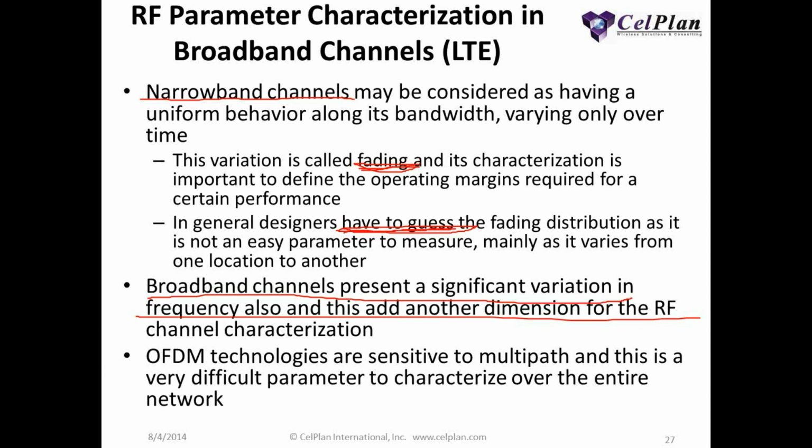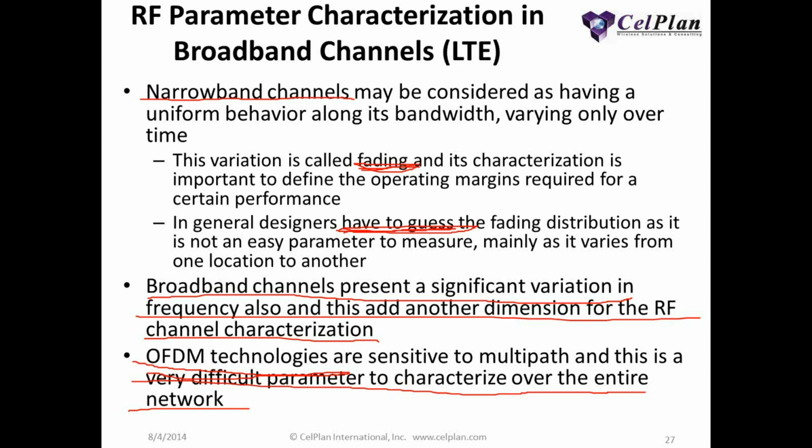And mainly when OFDM came with Wi-Fi technologies and so on, it became very difficult to characterize the entire network. And we have designs that require very large reliability, like power plant automation based on wireless, and so on. And we need to provide 4 or 5 nines of reliability on a point-to-multipoint design.